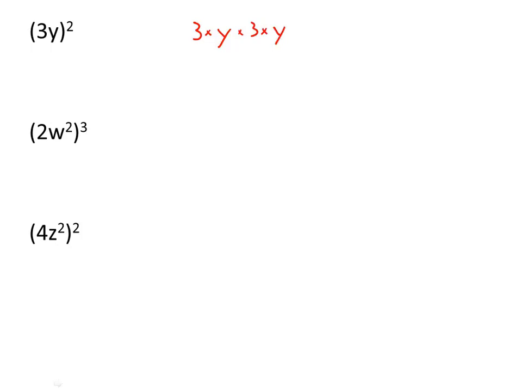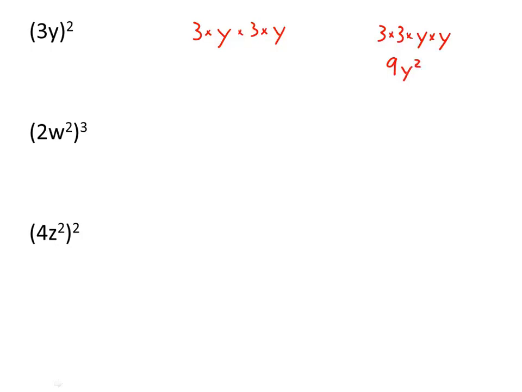Just like before, I'm going to push all of the numbers in one direction: 3 times 3 times y times y. So 3 times 3 is 9, and y times y is simply y squared.